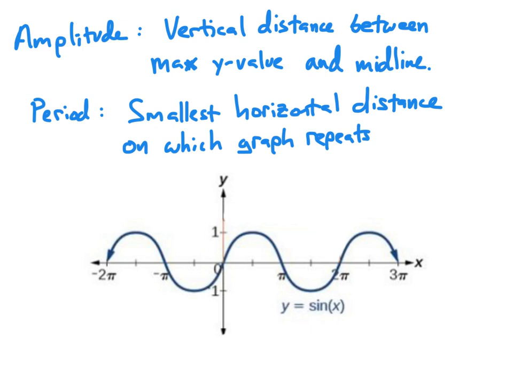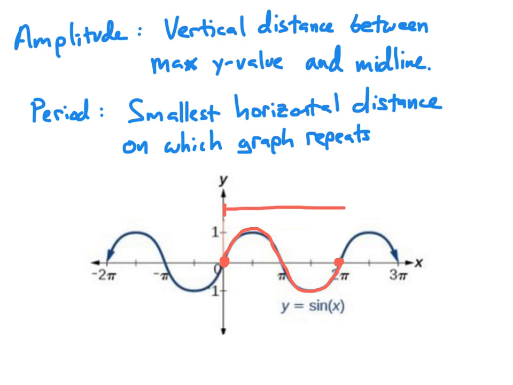At the bottom of the screen, we have the graph of y equals sine of x. We've already seen that this has a period of 2 pi units. If we look, for example, from x equals 0 to x equals 2 pi on this graph, if we were able to reproduce this red portion over and over again, we would get the entire sine of x graph.